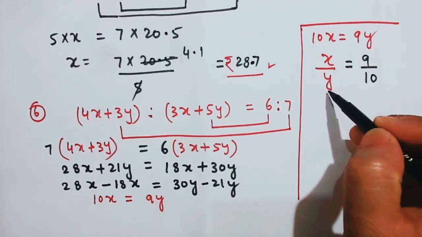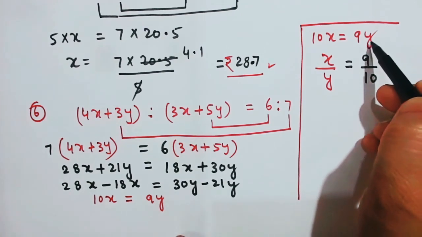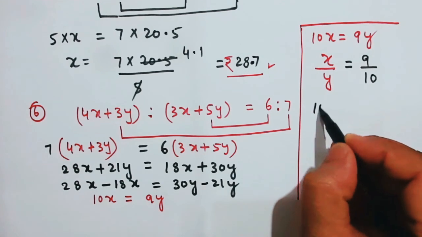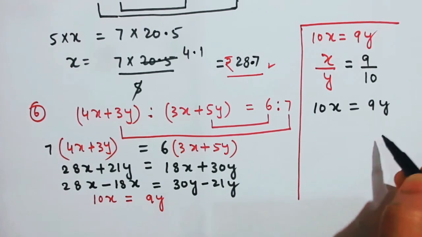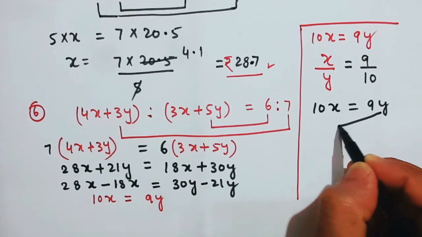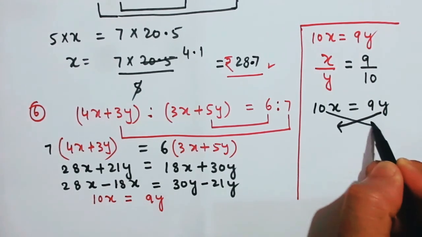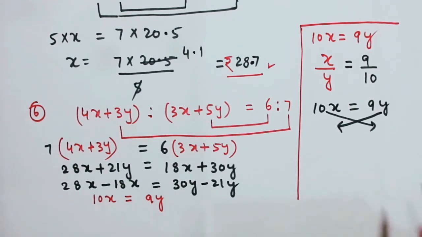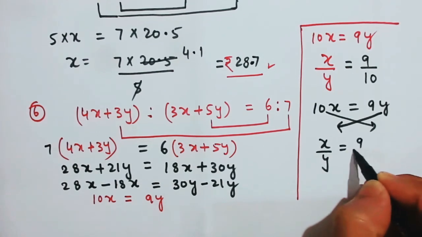So x by y will be equal to 9 by 10, not 10 by 9. You have to bring this y over here below x, and 10 will move onto this side. So x by y will be equal to 9 by 10.